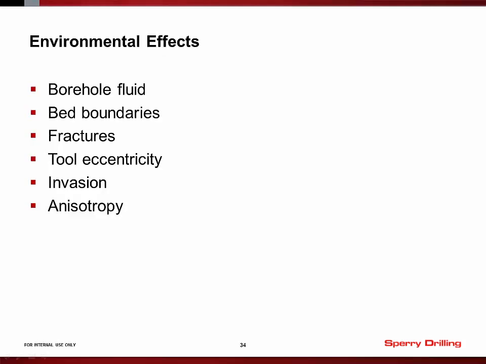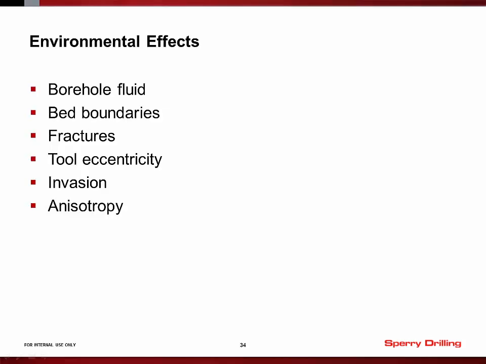Fractures also can interfere with resistivity measurements. We're basically talking about electrical currents flowing through the formation, so fractures tend to get in the way and interfere with those currents. Tool eccentricity is also a factor. In some situations, if the tool is off-center, that can distort the measurement, as well as invasion. Invasion of fluids from the borehole into the formation also affects the measurement, so that shallower reading measurements are more affected by the invasion than the deeper reading ones are.